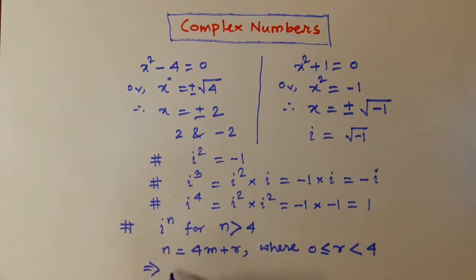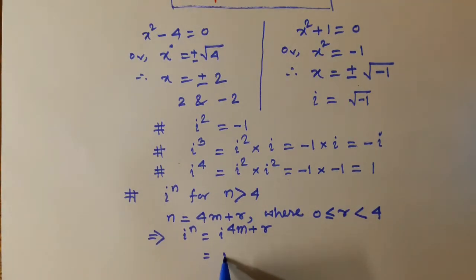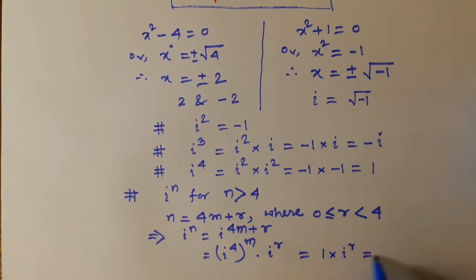So i to the power n is equal to i to the power 4m plus r. So we can write i to the power 4 whole to the power m into i to the power r. And you know i to the power 4 is equal to 1. So put it here, 1 into i to the power r, that is equal to i to the power r. So i to the power n is equal to i to the power r.